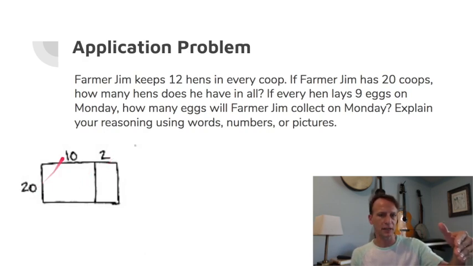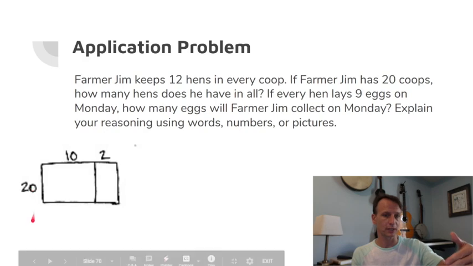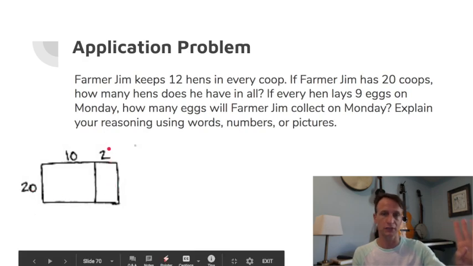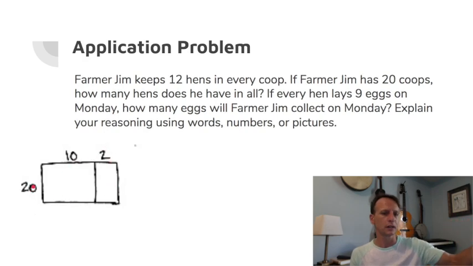So here's my 12, right? The 10 and the 2. Now, if I had 22 or something, I would have a second row here, but I don't, thankfully, so it's a little easier. All right, so I have 20 times 10 will go in this first. You see, that's 20 times 10 land, and this is 20 times 2 land. Got it?